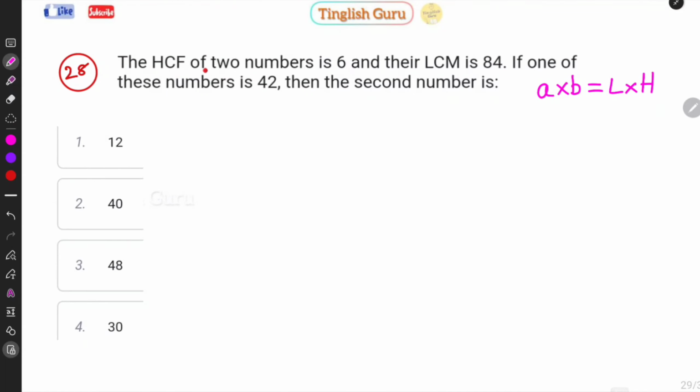here in this bit, the HCF of two numbers is given, the LCM is given, and one of the numbers is also given. In one of the previous bits, I explained a concept: if two numbers are given, number 1 into number 2 is equal to the product of LCM into HCF.